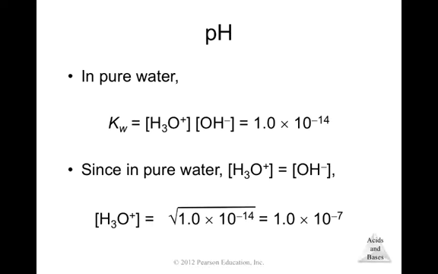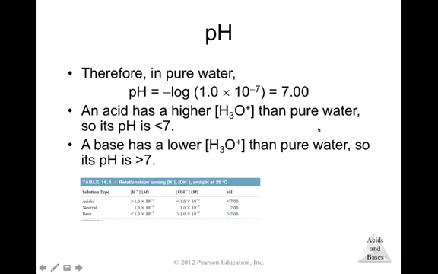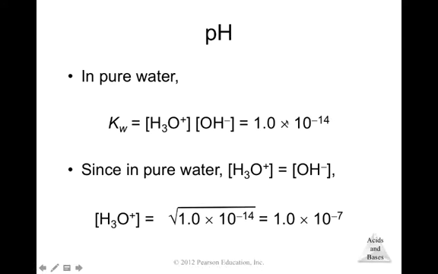In pure water, Kw, the concentration of H3O plus times the concentration of OH minus, is 1 times 10 to the negative 14. In pure water, the concentration of H3O plus is going to equal the concentration of OH minus.